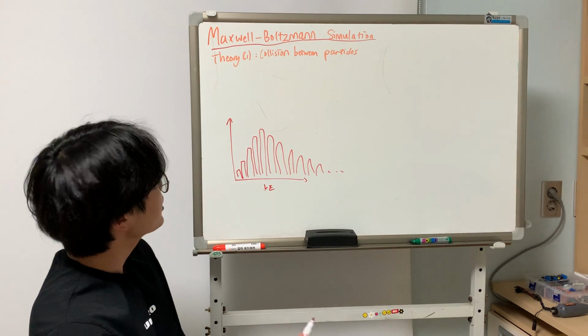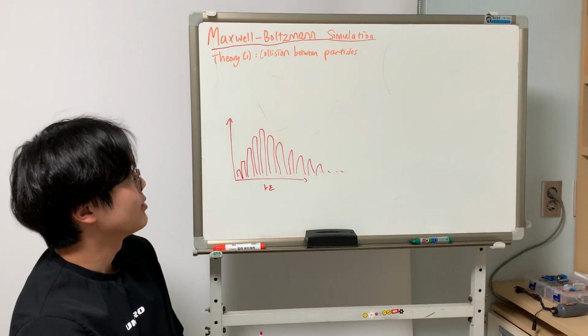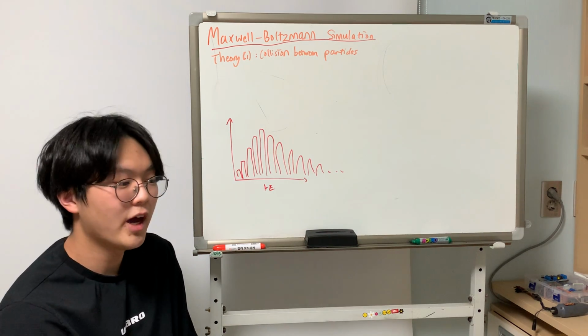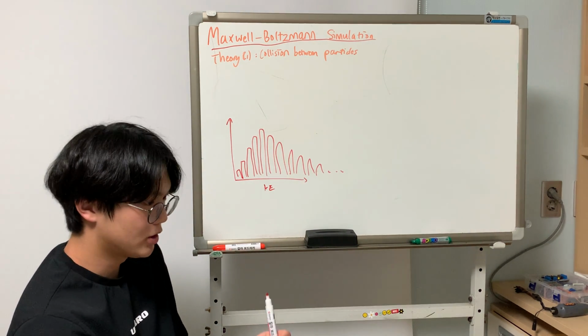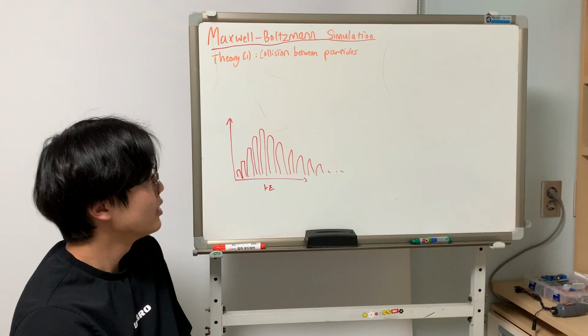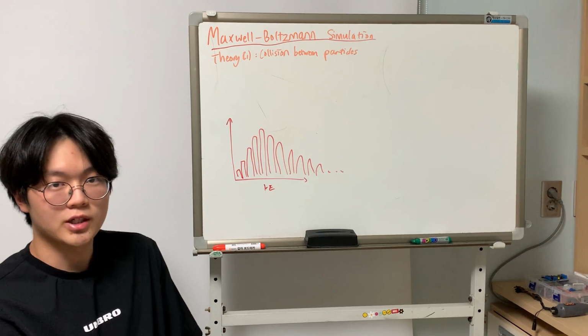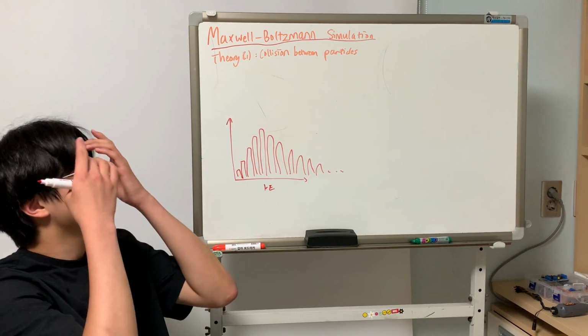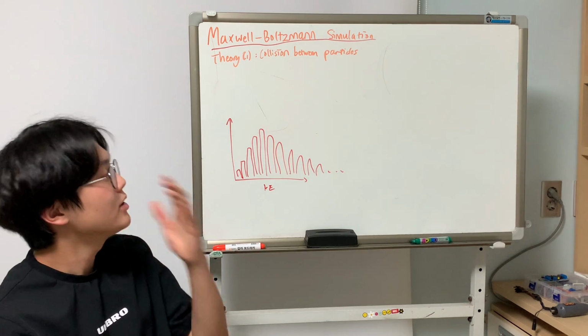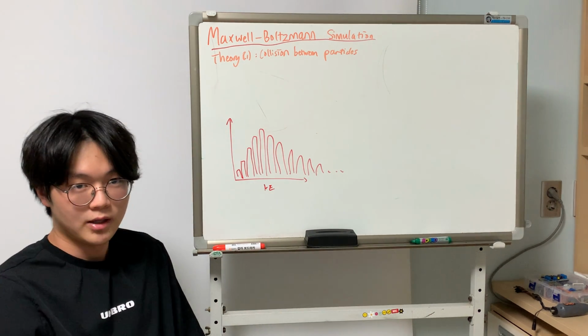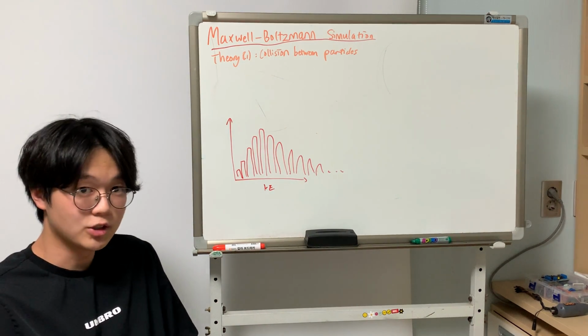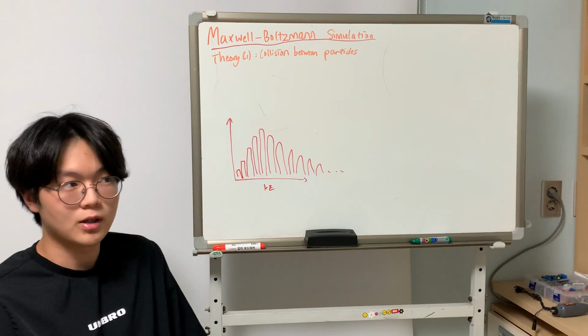So the first part of making the simulation is the theory. What actually happens when two particles collide? In the theoretical environment that I am going to have to make in the simulation, there are going to be two types of collisions.